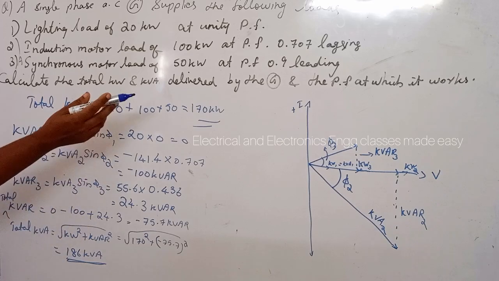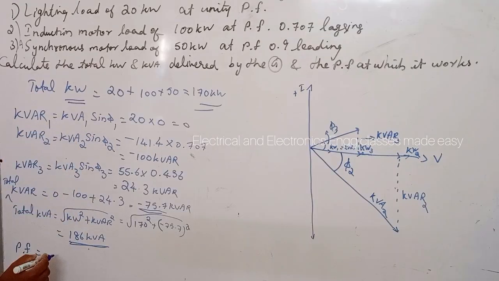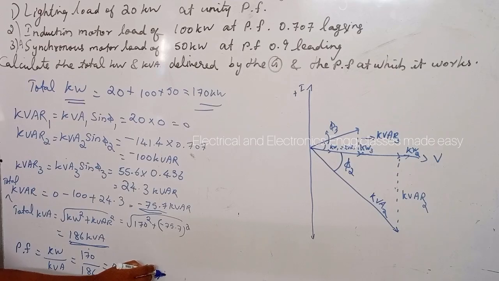Now we have to calculate the power factor at which the generator is working. The power factor is equal to total kW divided by total kVA, that is 170 divided by 186 and we get 0.914 lagging. How do we get it as lagging?